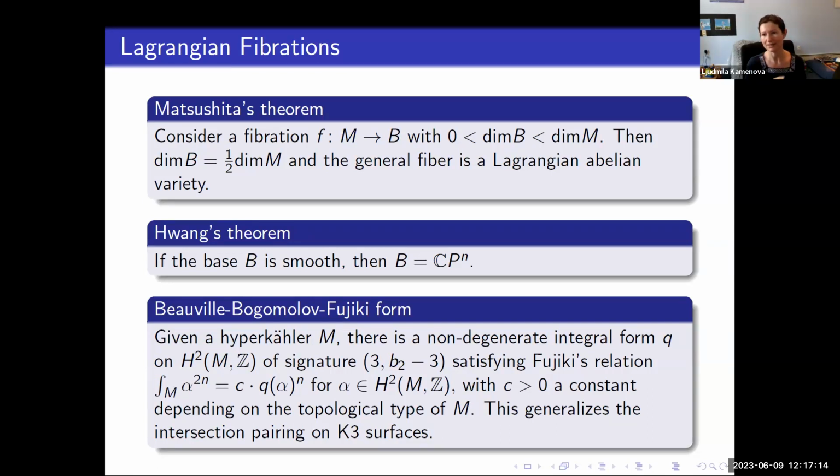So you construct something similar to what people are doing with Hodge-Riemann bilinear relations to construct this form.